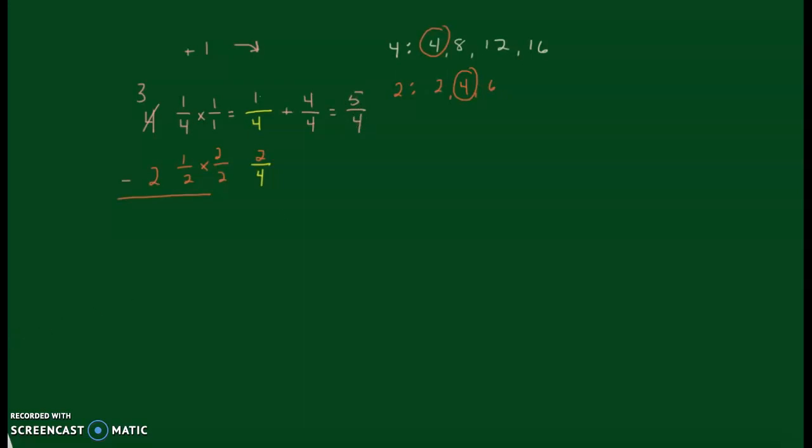Now I can subtract 2/4 from 5/4. So 5/4 subtract 2/4 is 3/4. 3 subtract 2 is 1. So I can write my answer as 1 3/4.